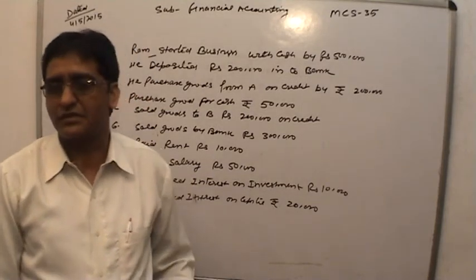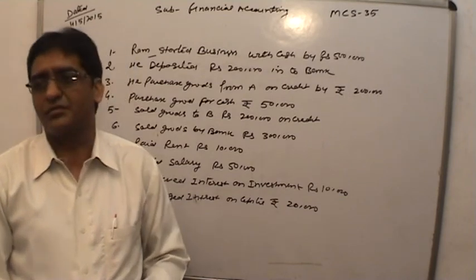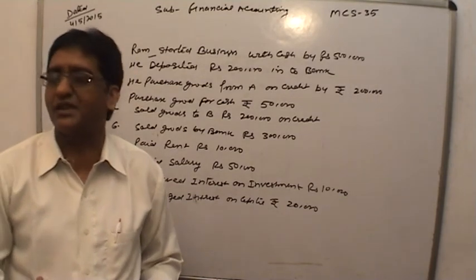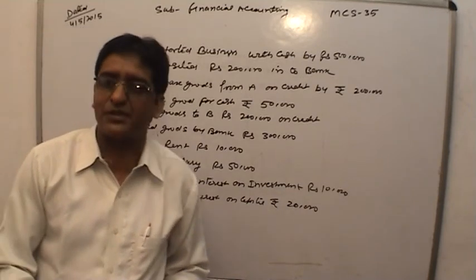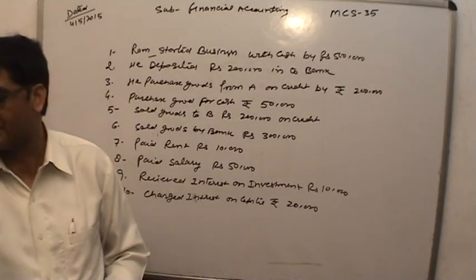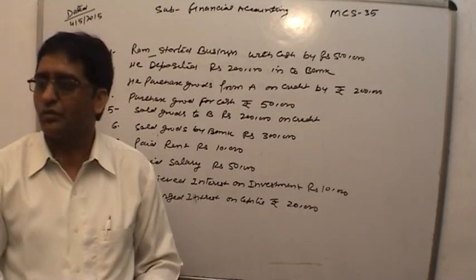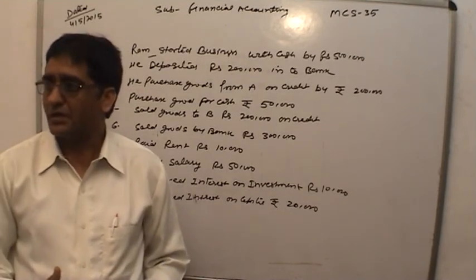In this case, we analyze the transactions to identify what has happened. Cash is received by you because you are working on behalf of the firm, and a person Ram is the giver.